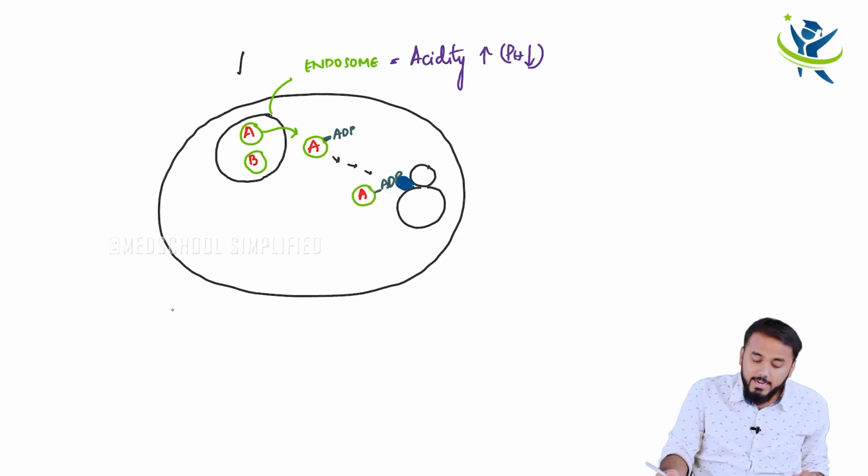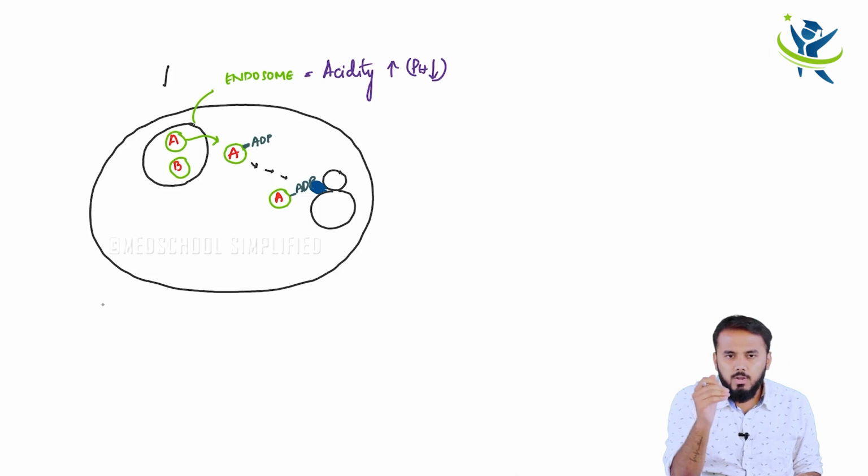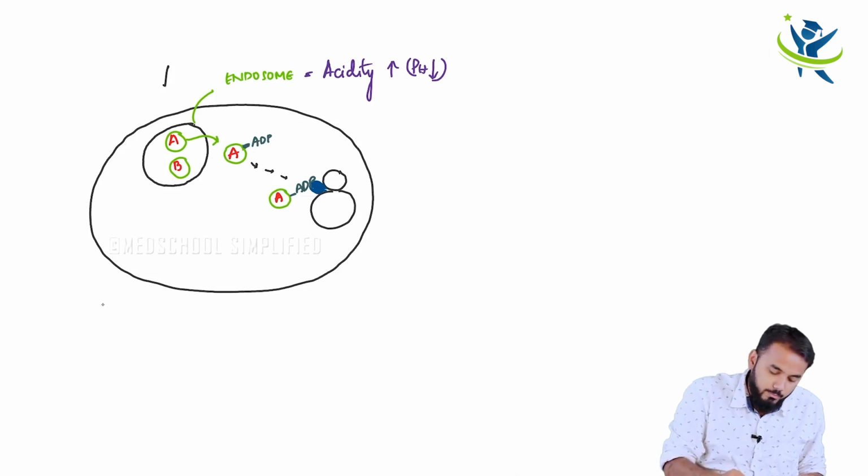Where did ADP attach, guys? ADP got attached to EF2, that is elongation factor 2. Keep in mind one thing. The moment ADP attaches to elongation factor 2, this process is called ADP ribosylation.